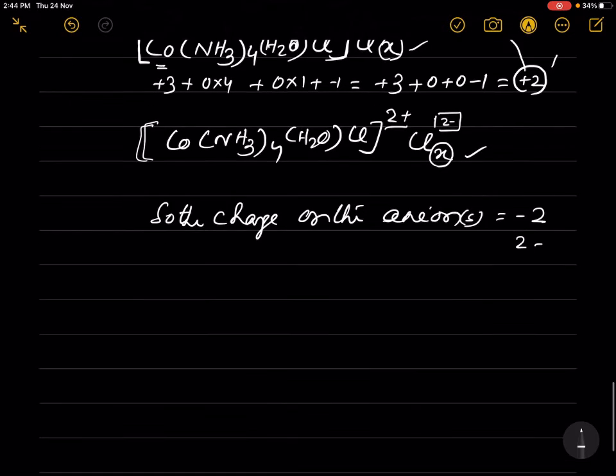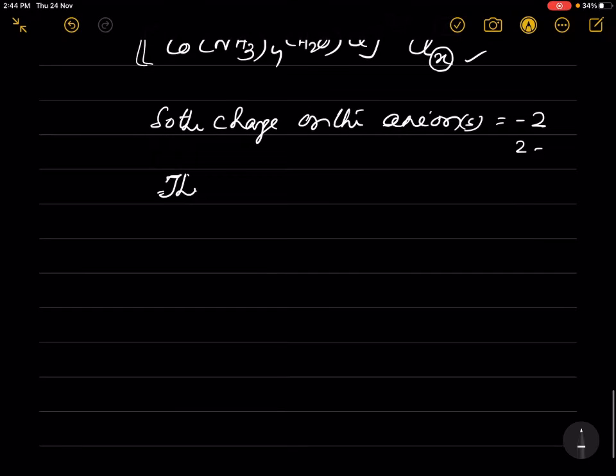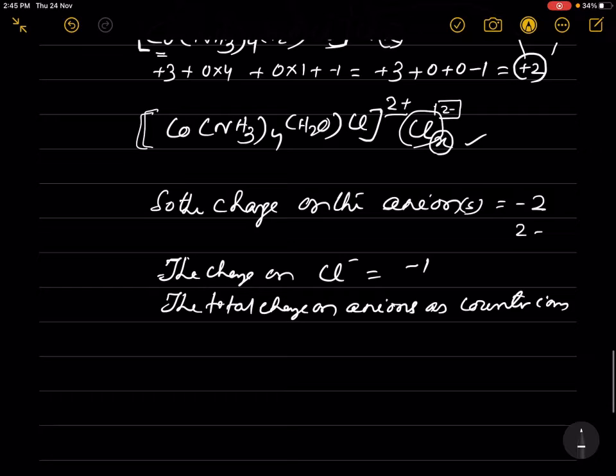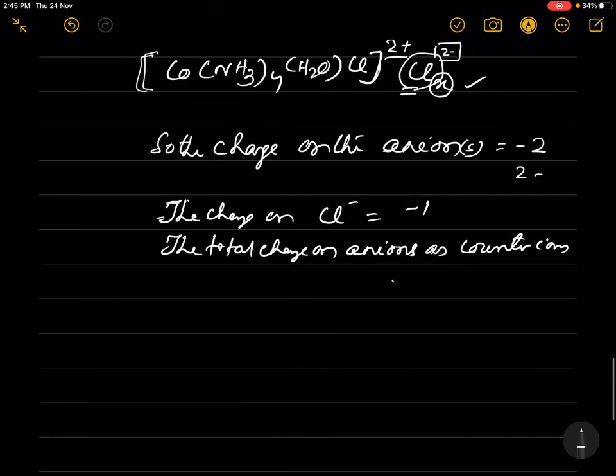The charge on Cl minus is minus 1. The total charge on the anions as counter ions, because this Cl is present outside the square bracket, so it is a counter ion, will be minus 2.